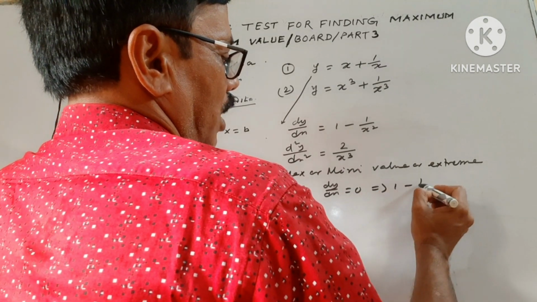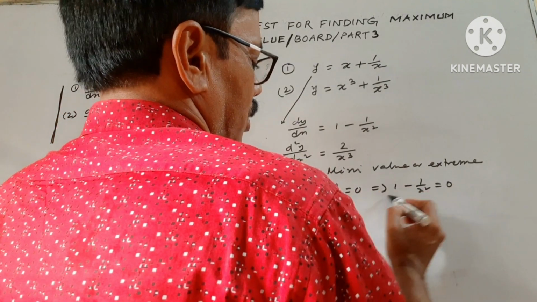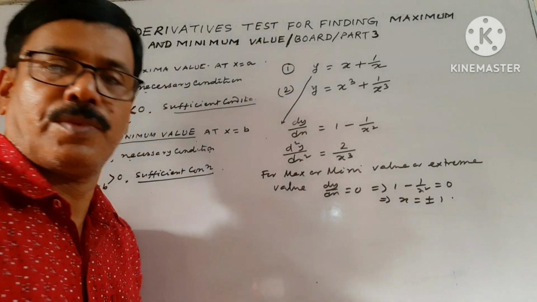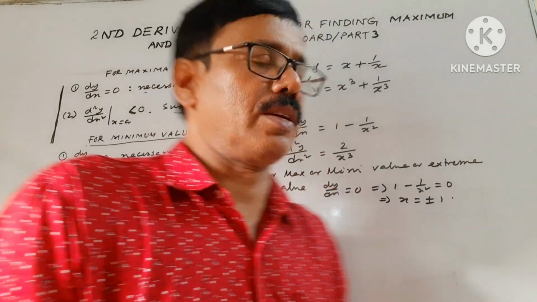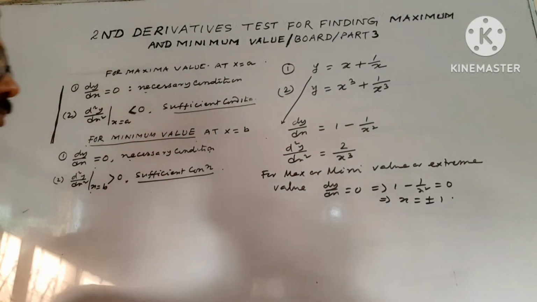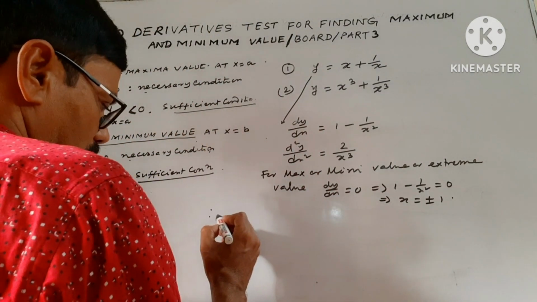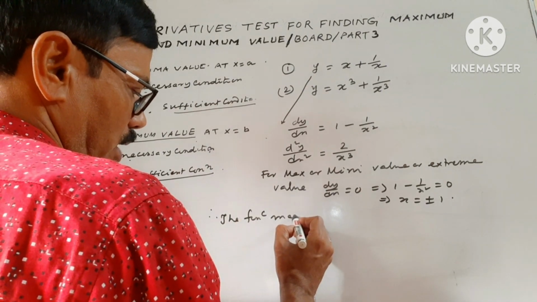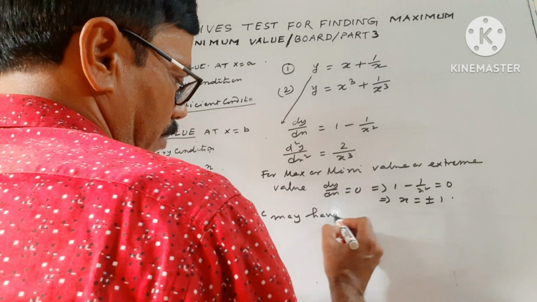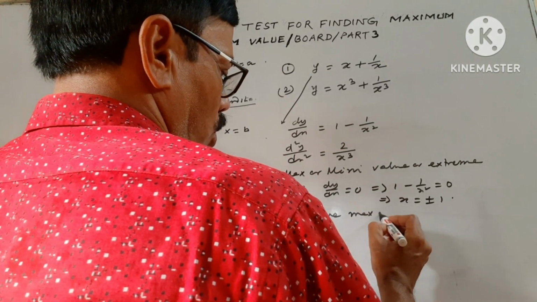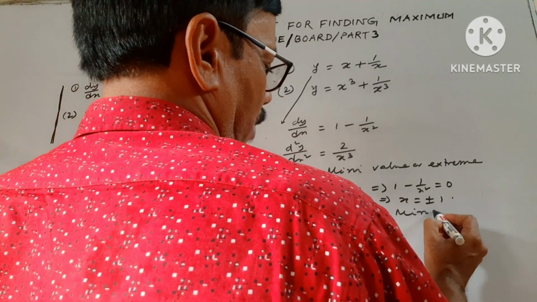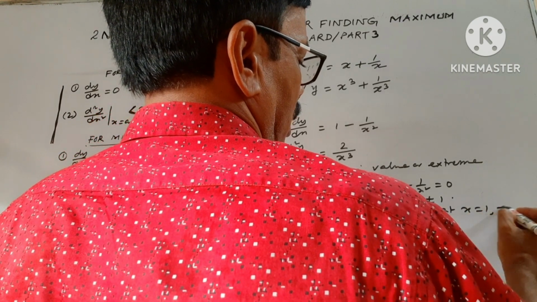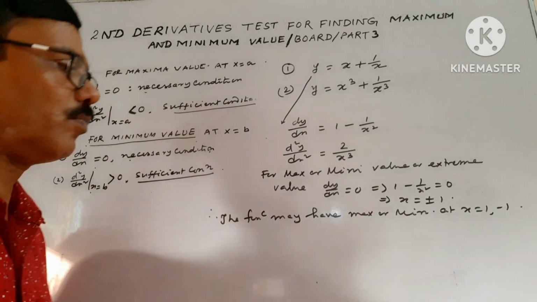So this implies x equals plus minus 1. We are getting x equals plus minus 1. Therefore, the function may have, we are not sure, may have a maximum or minimum value at x equals 1, minus 1.